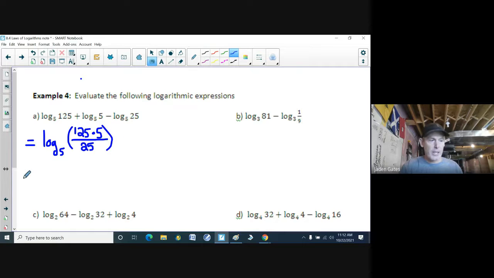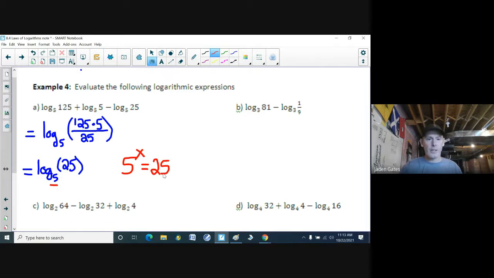If I do that, I'm going to have the log base 5 of, let's see here, 125 times 5 divided by 25 is actually 25. Now it says evaluate, so I can switch this into exponential form, because again, there's my base, I don't know what the exponent is, that's what we're evaluating, and the answer is 25.